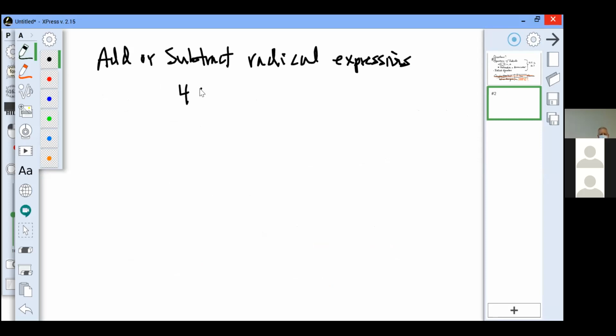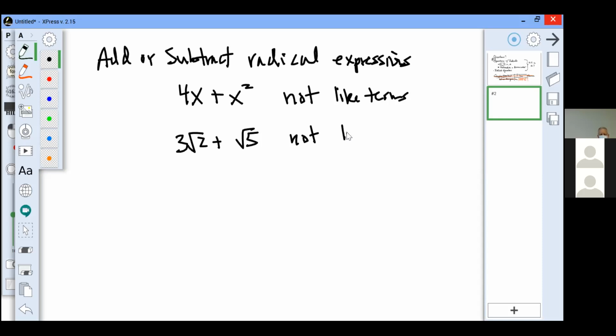Okay, I can't add these together because they're not like terms. It's like having 3x plus y. You can't add them together.